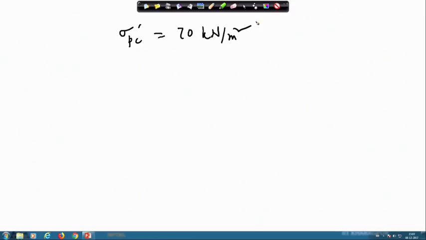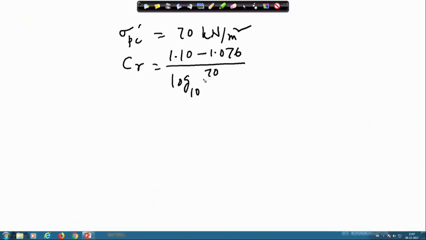And CR can be calculated. You can see two points, pressure is given and void ratio is given. So, delta e is 1.10 minus 1.076, divided by log 10 base 70 by 40.95.